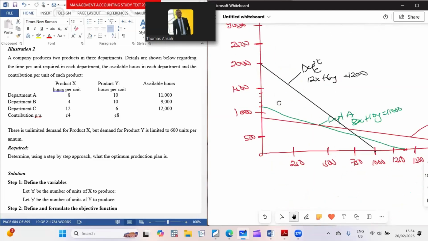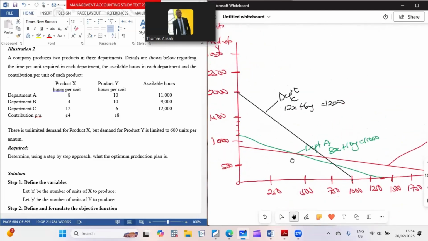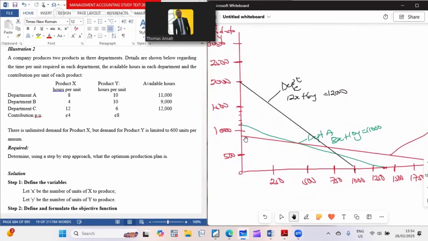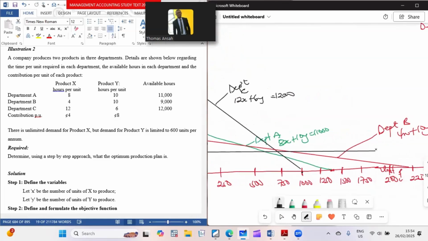Where would 600 be? 600 will be somewhere like this. This graph is interesting. Okay, so that is it. Y is equal to 600, right? So basically that is that.